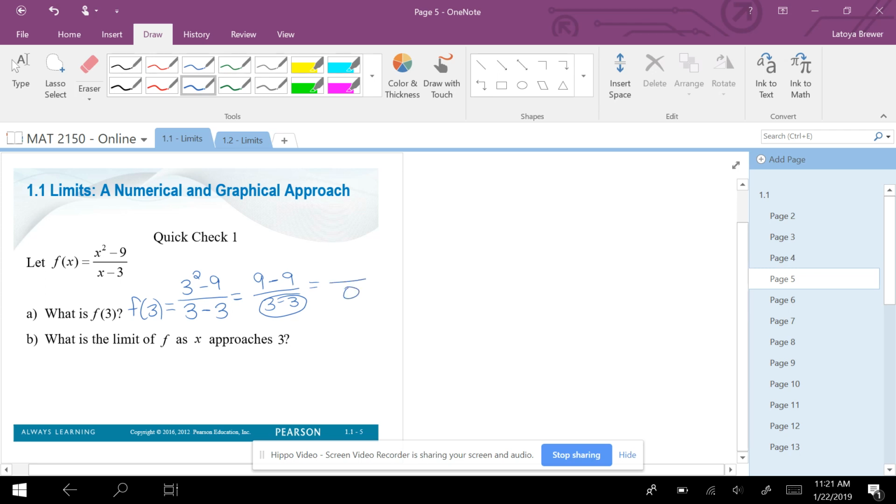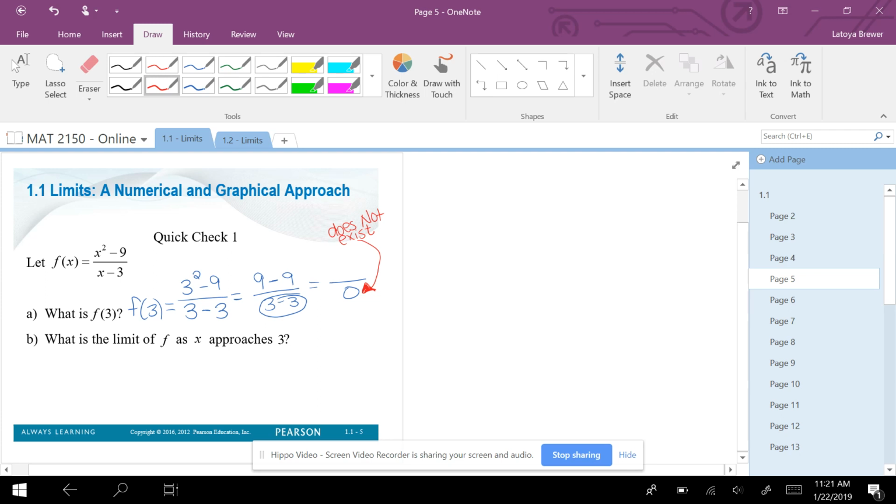And we've already discussed this, that you cannot let that happen. You cannot divide by 0, because I end up with 0 in the bottom. What I can say is that that value does not exist. So I don't have a value for that particular number. When x is 3, the function does not exist. But now we're going to take it a little bit further.